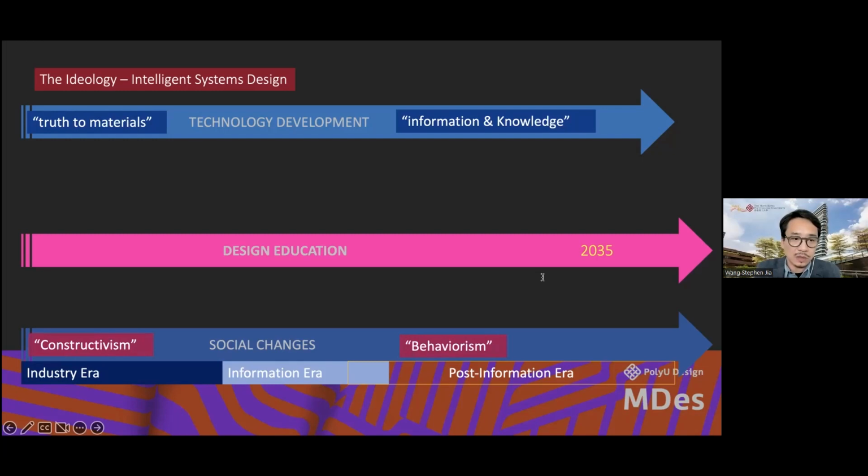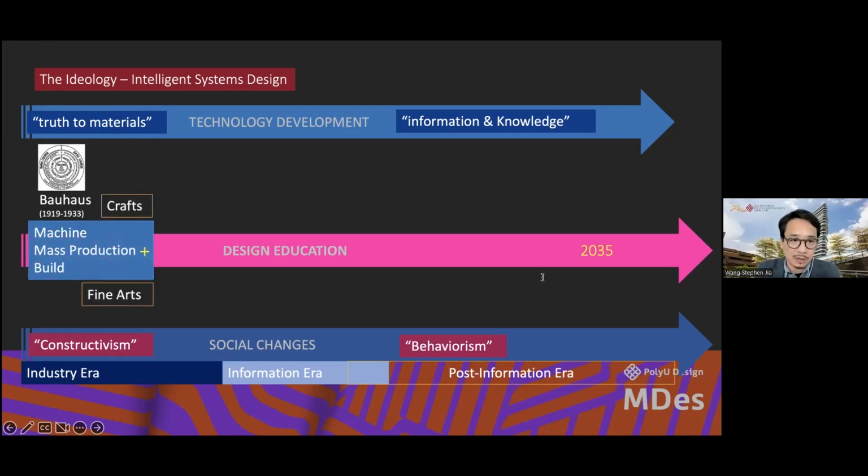So the social change is from constructivism to behavioralism, more about people's behavior. The top design school around that time was the Bauhaus, as you know, because the Bauhaus task was to solve the problem of mass production.